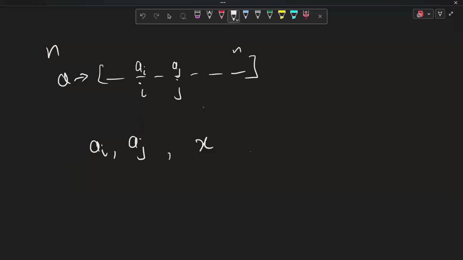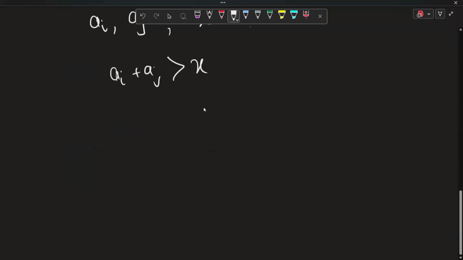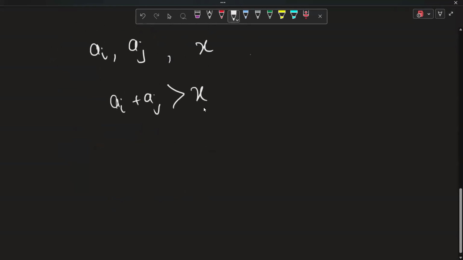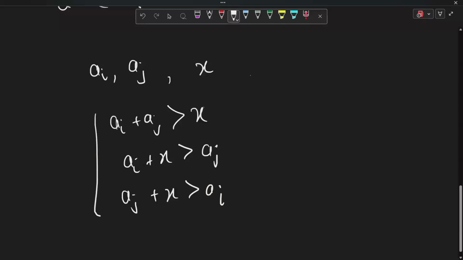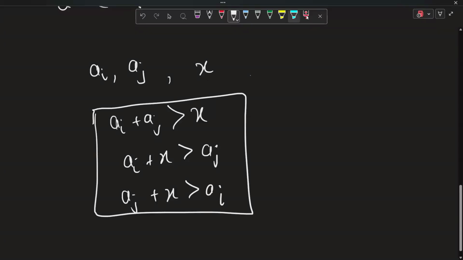So that means ai plus aj should be greater than x, ai plus x should be greater than aj, and aj plus x should be greater than ai. So you need to select such an x which satisfies these three conditions.